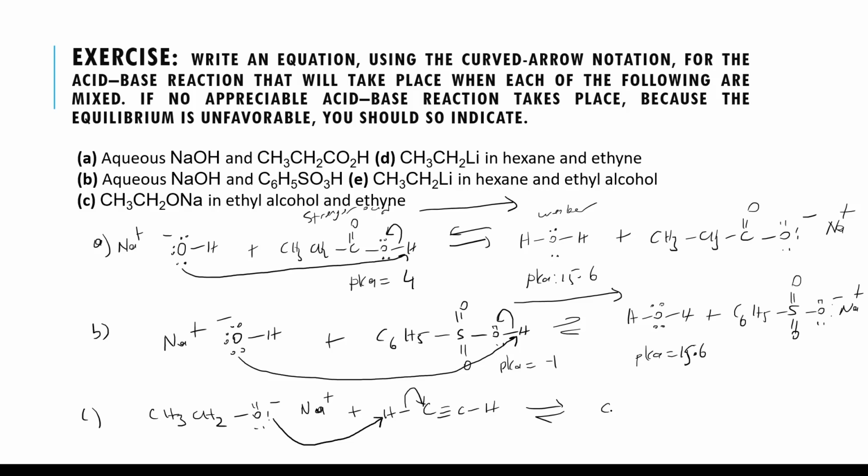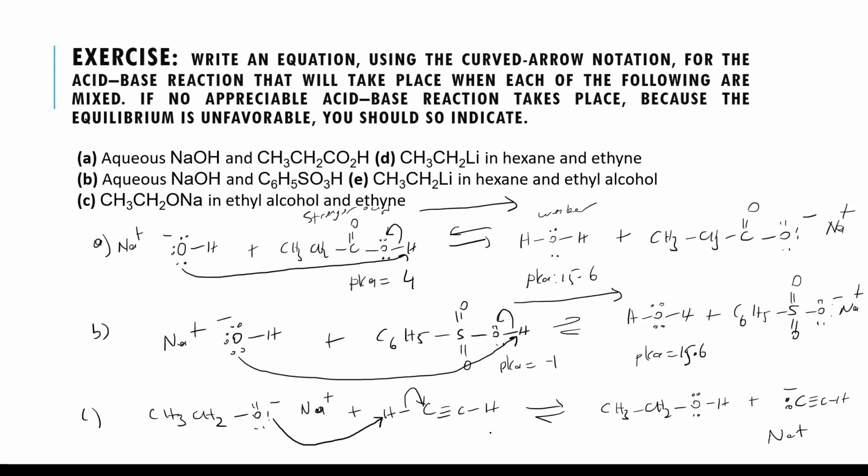So we will have CH3CH2OH. We are forming ethanol and we are forming the negatively charged alkyne anion. And if you want, write sodium plus also here, because this is a negatively charged ethyne anion.